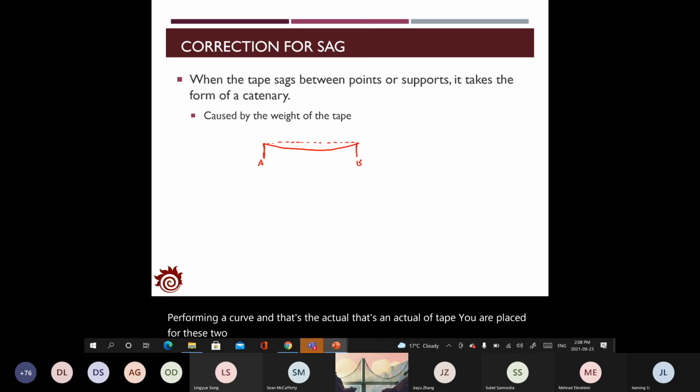In this sense, say that from A to B the true distance is 1 meter, what do you think the distance you measured would be? What's the actual reading? Is it larger or is it smaller?